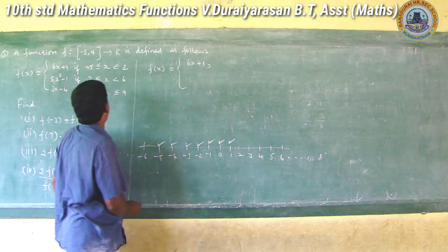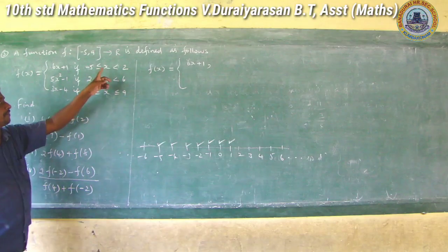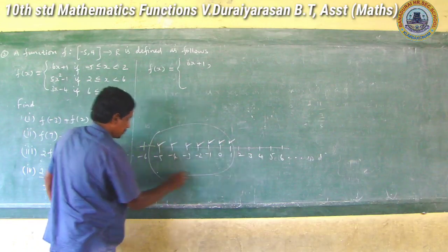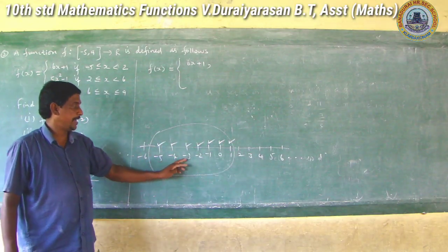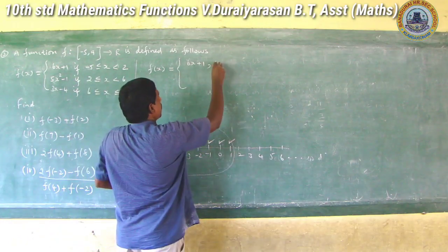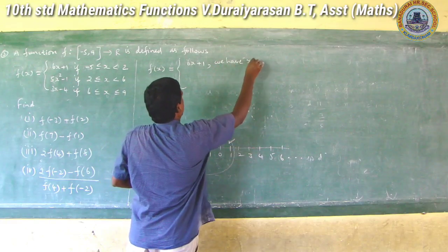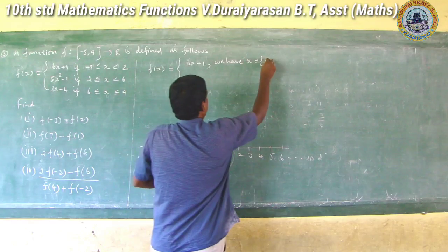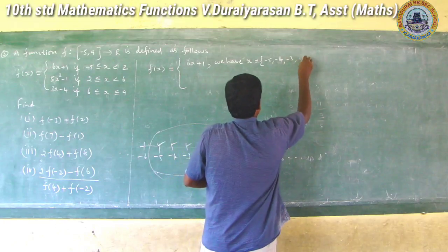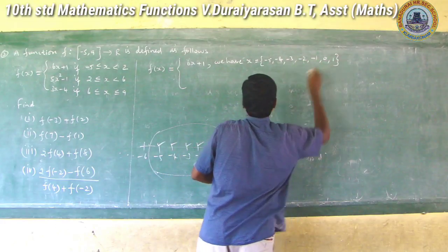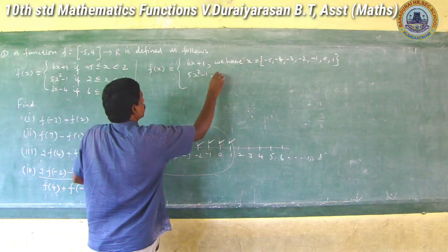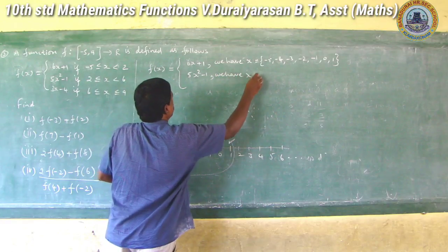So the values of x greater than or equal to minus 5 and less than 2 are minus 5, minus 4, minus 3, minus 2, minus 1, 0, 1. Similarly for the other function, 5x square minus 1, we find the values of x.